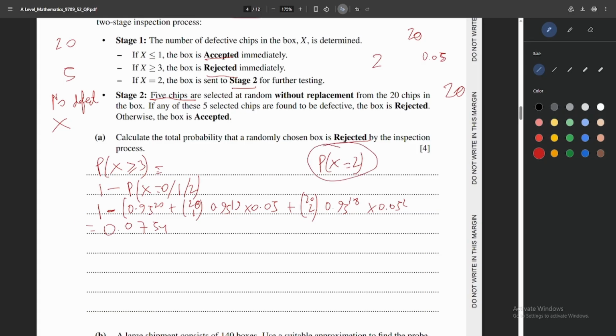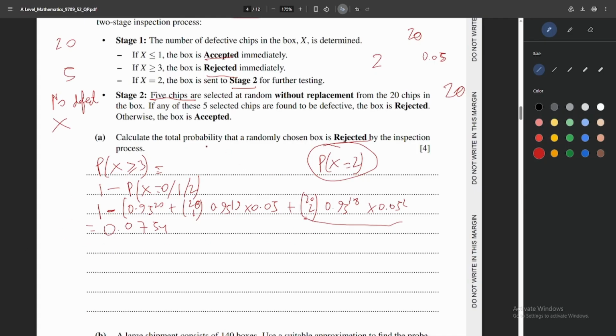All right, so this is our first case, x is greater than or equal to 3. Our second case is if it is exactly equal to 2. In that case let us first find the probability of it being exactly 2. So the probability of that case is simply this one, 20C2 into 0.95 to the power 18 into 0.05 squared.